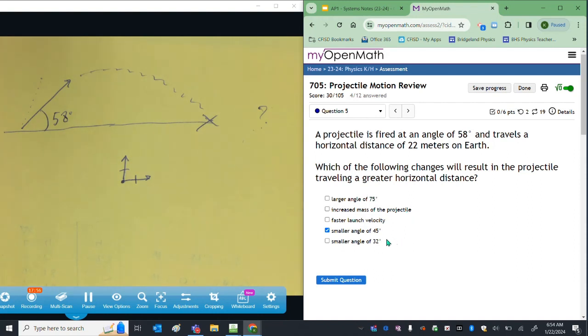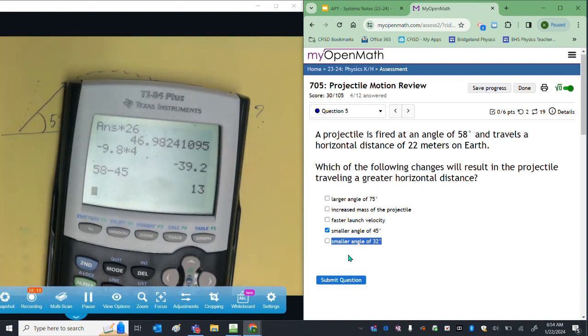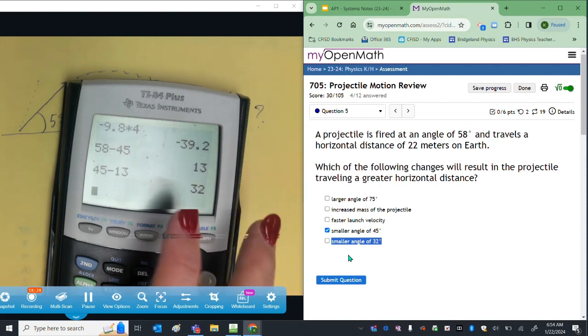The smaller angle of 32 degrees. Again, smaller isn't necessarily going to be farther here. Yes, more of it's going to be horizontal, but you have to look at how far those angles are from 45 degrees. 58 is 13 degrees away from 45 degrees. 45 minus 13 is 32, which is the angle that's listed here.